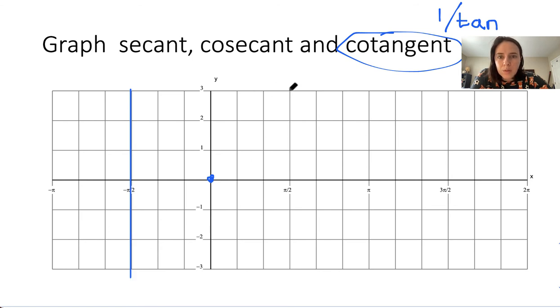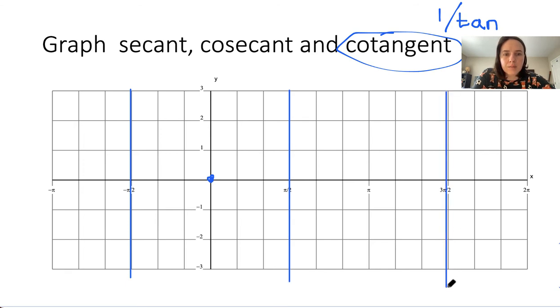So I'm going to go ahead and put in my vertical asymptotes for tangent. Every pi, close enough. And I know that at pi over 4, tangent is 1 and -1 respectively. So we get this nice little symmetry going on.